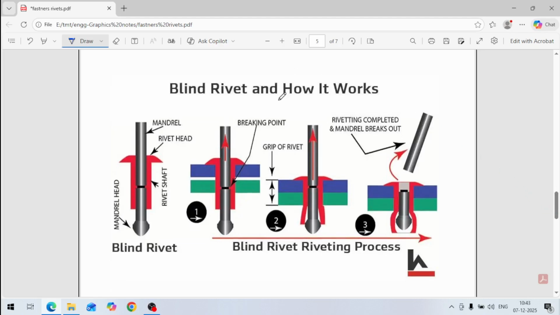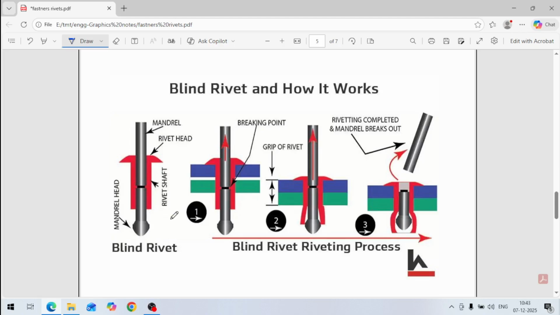So how does a blind rivet work? In a blind rivet, there is a mandrel in the rivet, and this is your rivet shaft. It is a type of hollow rivet, you can say. The mandrel is inside, with a weak section in between, inside the rivet shaft.